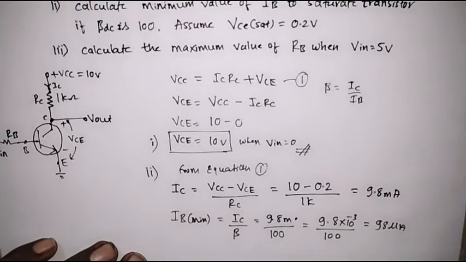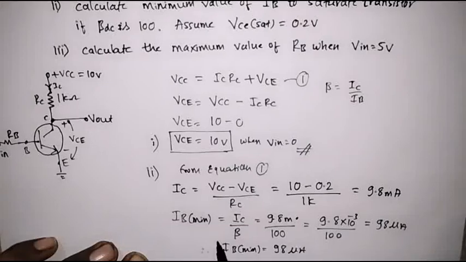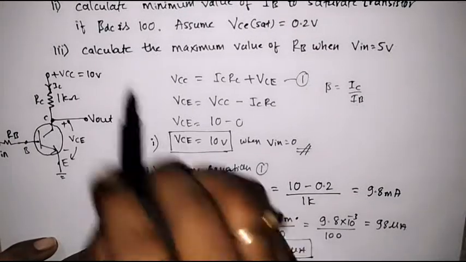Therefore IB minimum is 98 microamp. This is the solution for the second sub question.